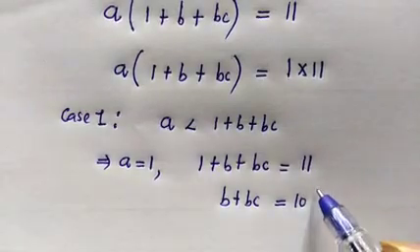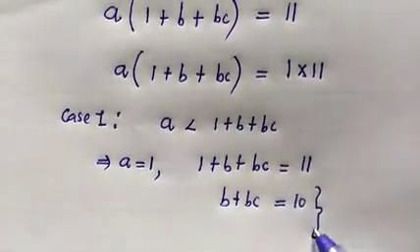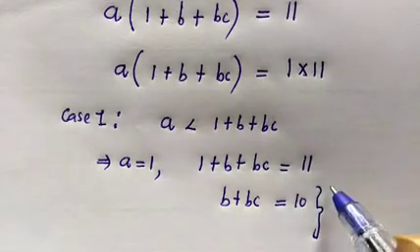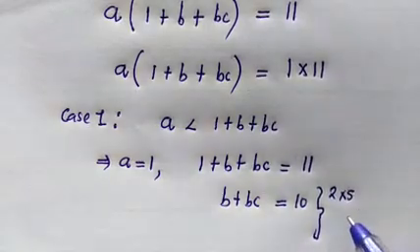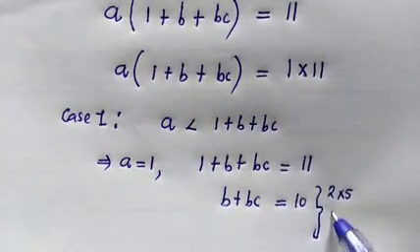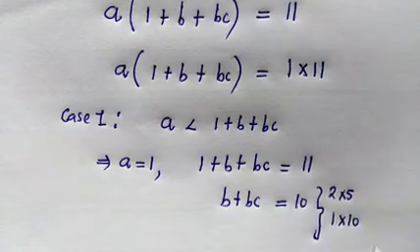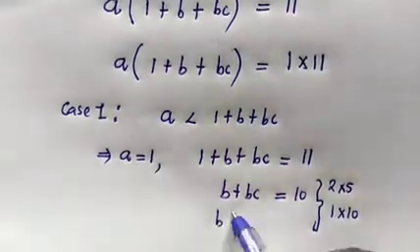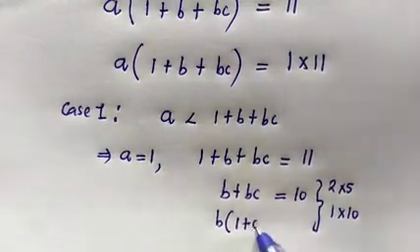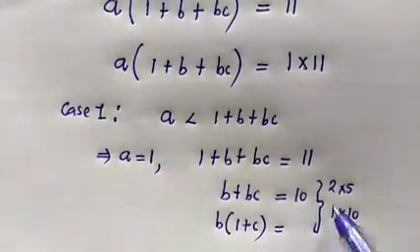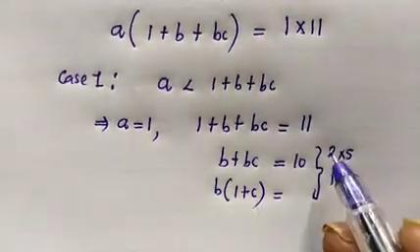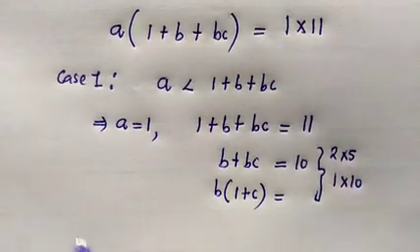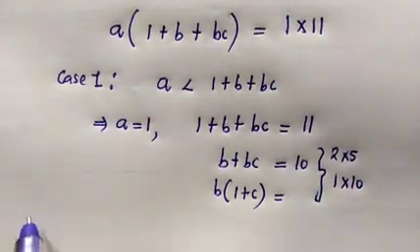Again, from this right-hand side, remember we're solving for positive integers, so this can be factored into 2 times 5, and again into 1 times 10. Don't forget that when you factor out b here, we're left with 1 plus c. If b times (1 plus c) is equal to 2 times 5, then we have the following possibilities.